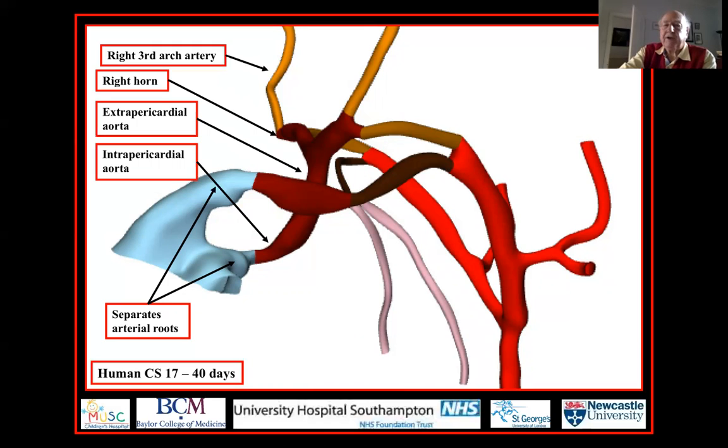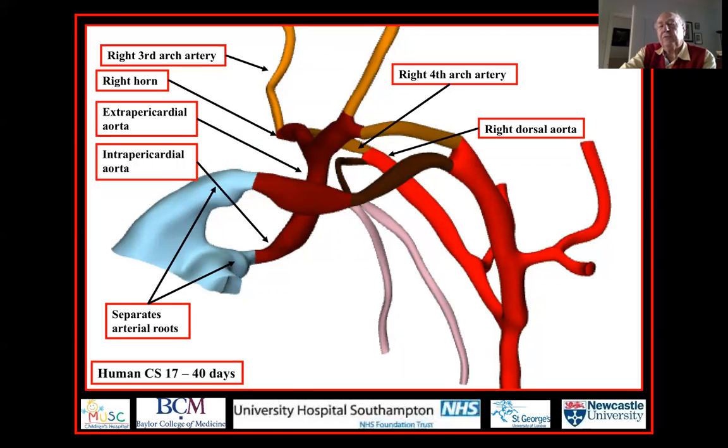So there is the right horn giving rise to the right third arch artery, and also giving rise to the right fourth arch artery. The right fourth arch artery itself continues to give rise to the right dorsal aorta, and now you can see that it in turn is feeding the right 7th cervical intersegmental artery.